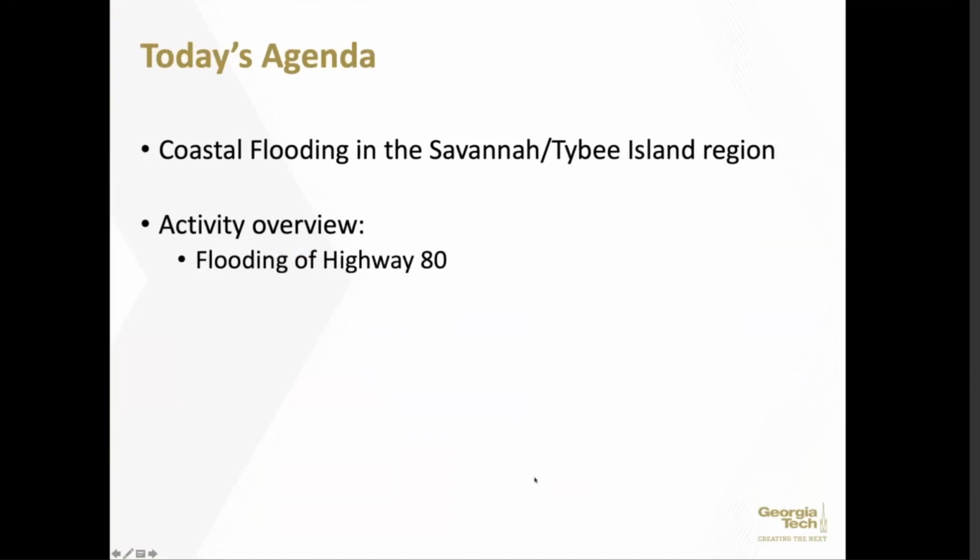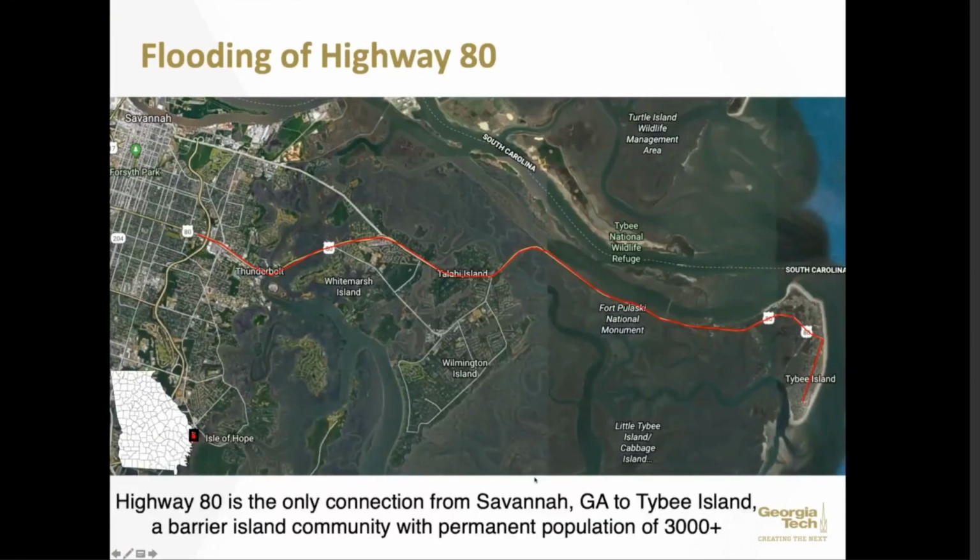Okay, so just to situate us, here's a snapshot from Google Maps where you can see a map. On the left of the map is the Savannah metropolitan area, and the right side of the map is basically the Atlantic Ocean off the coast of the Georgia-South Carolina border.